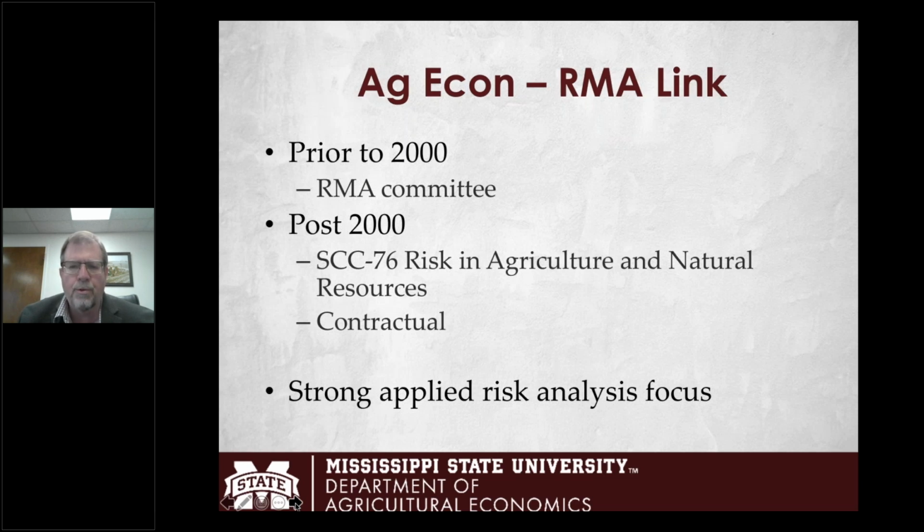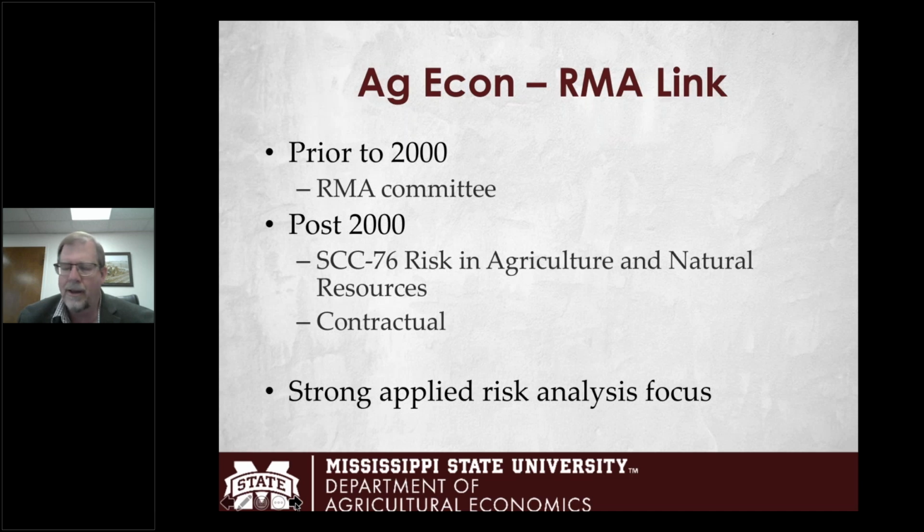But it has a very strong applied risk analysis focus, and along the way, what we've seen is this very interesting combination of academic researchers sitting down with the people who work on the nuts and bolts of a government program and having really serious conversations about what are the best statistical approaches to quantifying this risk, and then also having some real compromises.